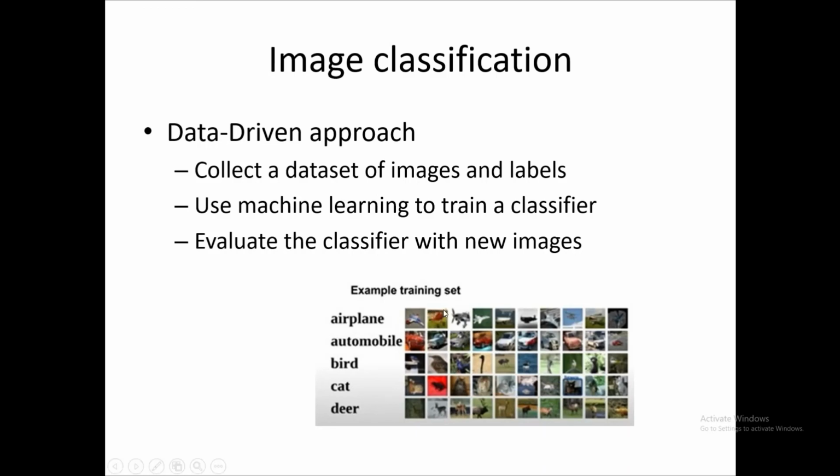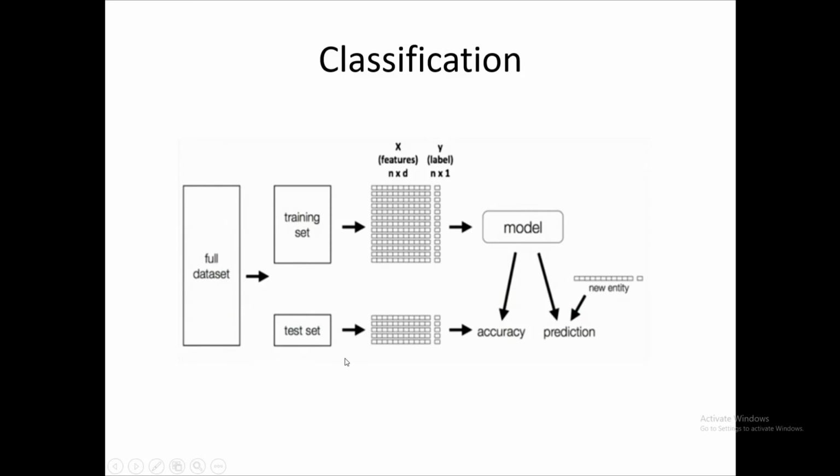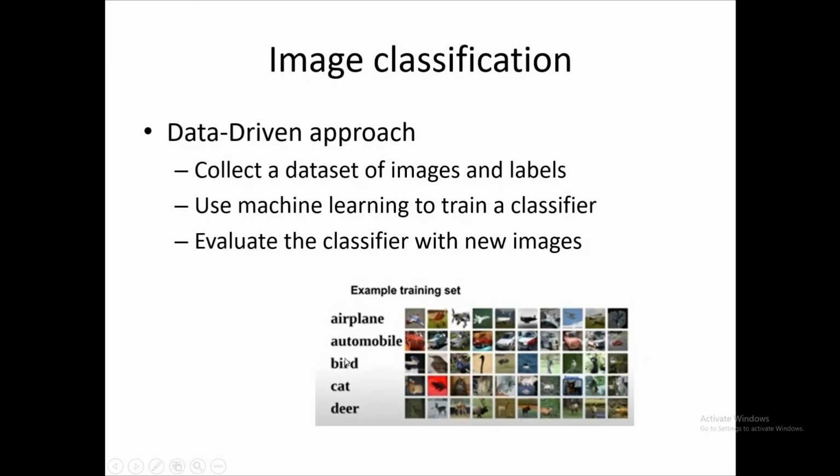It consists of lots of images of aeroplane, automobile, bird, cat and deer. We use these training images and their labels to train the classifier, and after we train, we evaluate the classifier with new images with no labels.